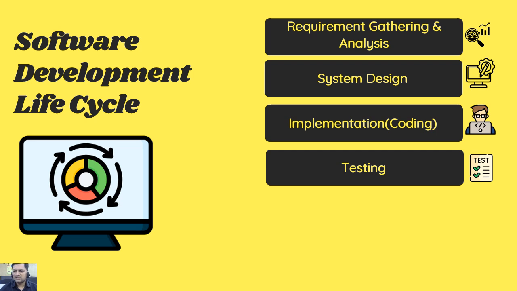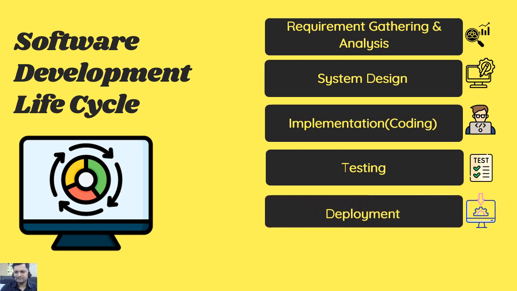Testing shows whether there are bugs in the software or not. So testing plays very important role in development life cycle. Then once the testing is done, we ensure that everything is proper. We deploy our software at the client end.